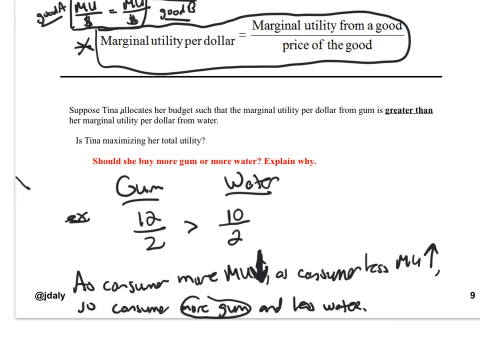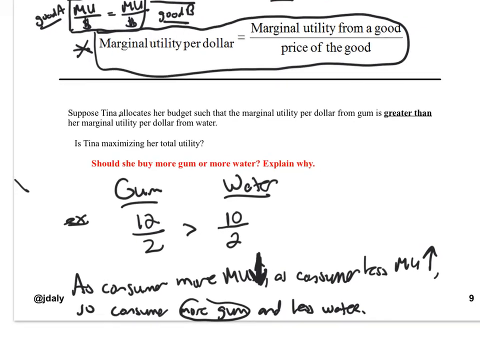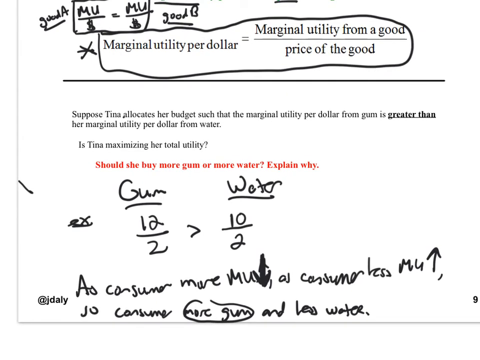So a separate question. Suppose Tina has her marginal utility per dollar for gum greater than that for water. I just made up an example. Our marginal utility for gum is 12, and the price of the gum is $2. Once again, I'm just making this up. And for water, at some combination, her marginal utility is 10, and the price is also $2.